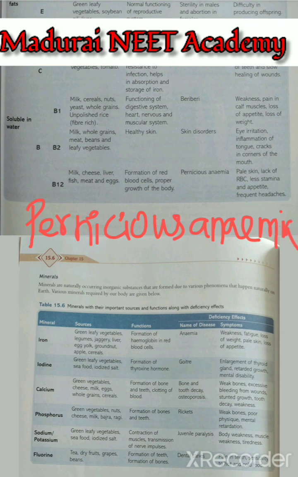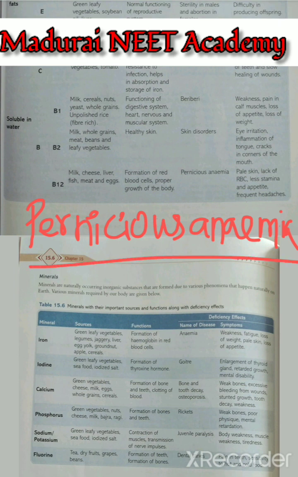Anemia itself means pale skin, due to the lack of RBC. Less RBC leads to pale skin and less stamina. Obviously, with fewer RBC, carrying of oxygen to the cells will be less, and there is loss of appetite and frequent headaches. These are the symptoms of pernicious anemia.